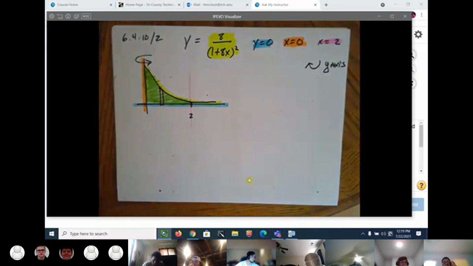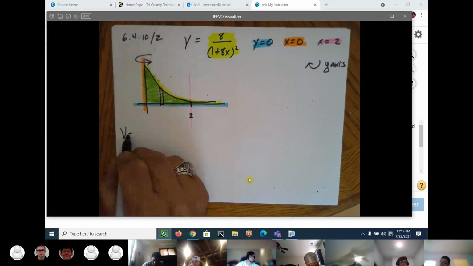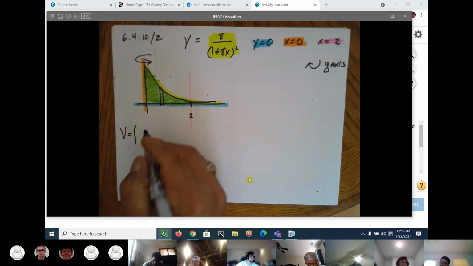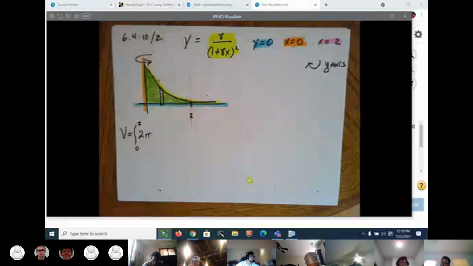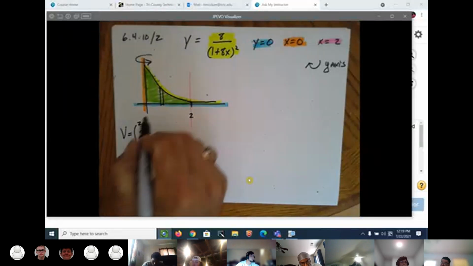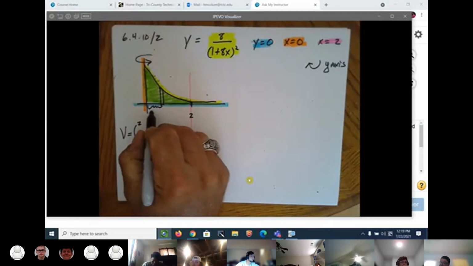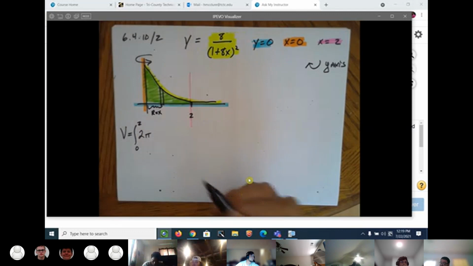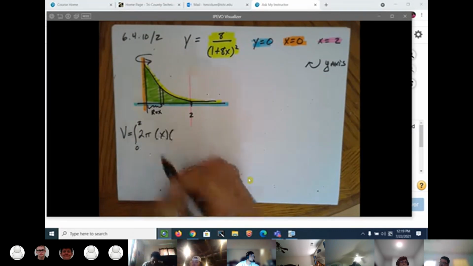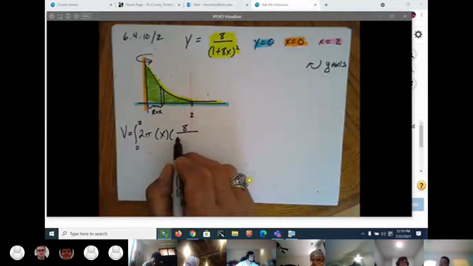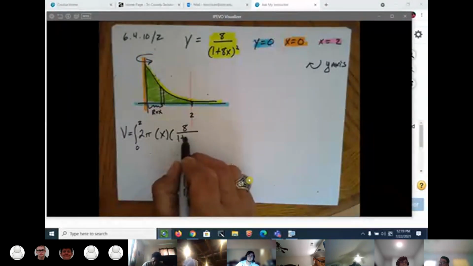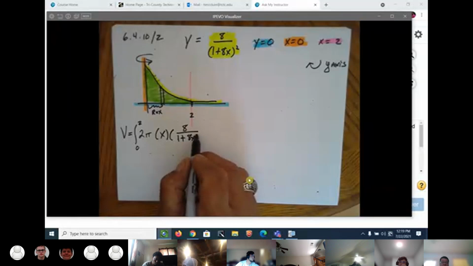So we know it's a shell, so it's going to be 2 pi. Volume is equal to 2 pi from 0 to 2 of x, because your radius is going to be equal to x, times 8 over 1 plus 8x quantity squared.